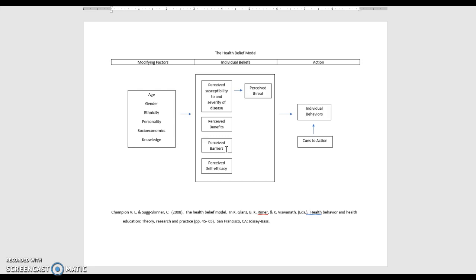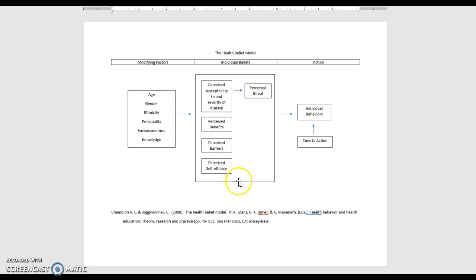So for example, someone might say, it could help me, but it could be expensive, have negative side effects, be unpleasant, inconvenient, or time-consuming. Therefore, combined levels of susceptibility and severity provide the energy or force to act, and the perception of benefits minus the barriers provides a preferred path of action.